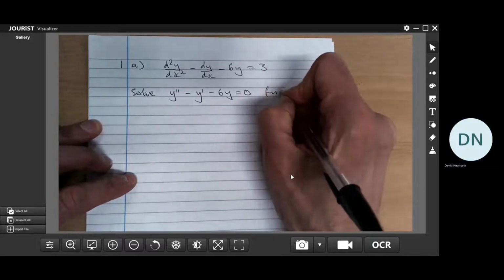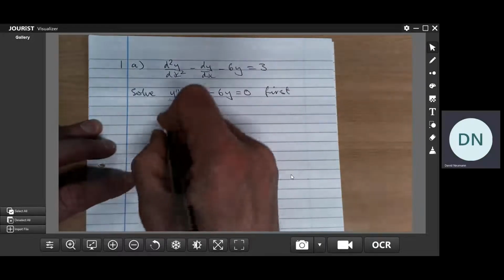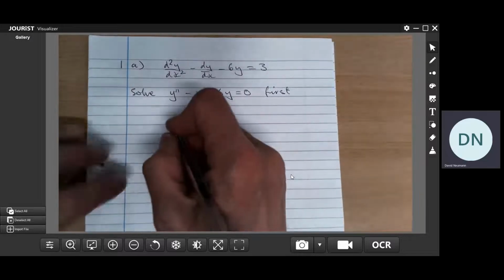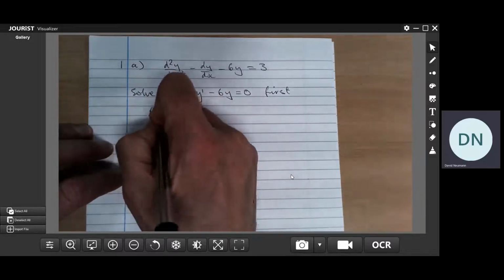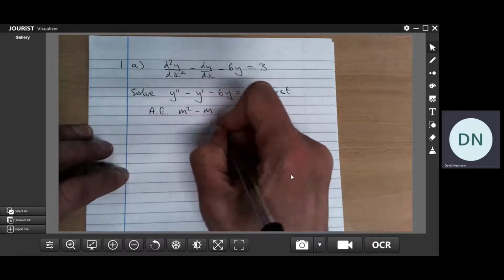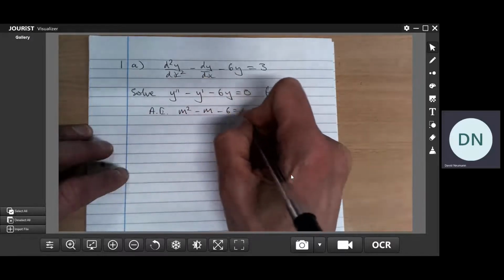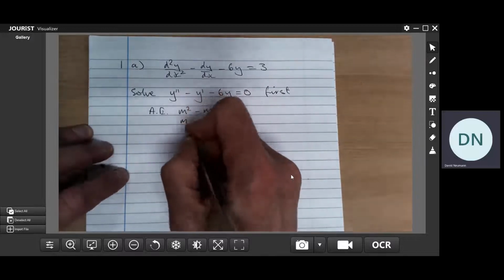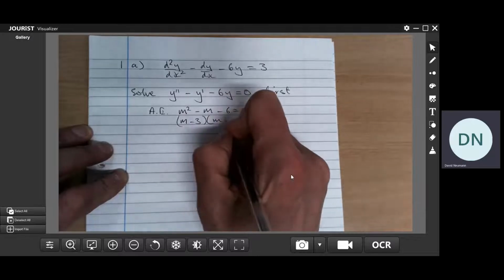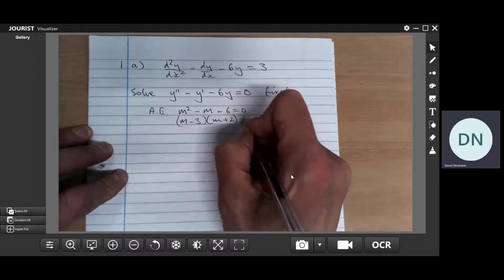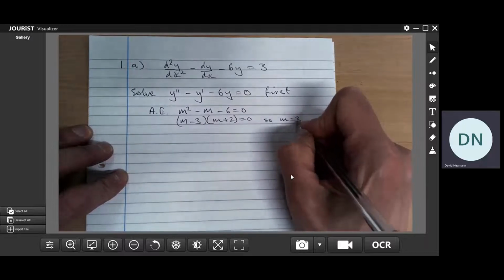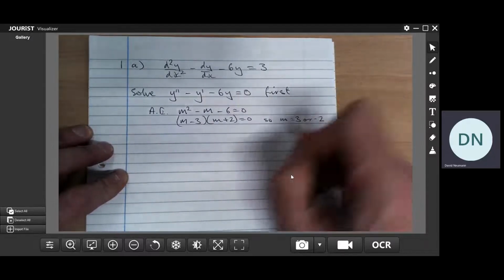First, we're going to do that by writing the auxiliary equation. So AE is m squared minus m minus 6 equals 0. That factorizes to (m minus 3)(m plus 2) equals 0. So m is equal to 3 or minus 2.